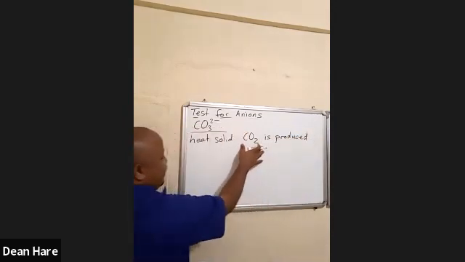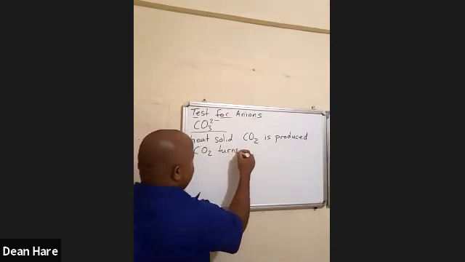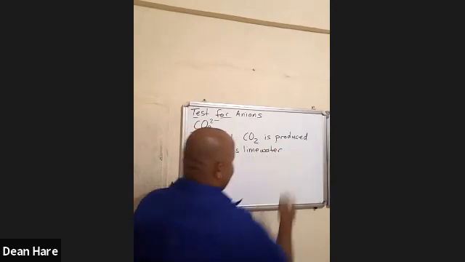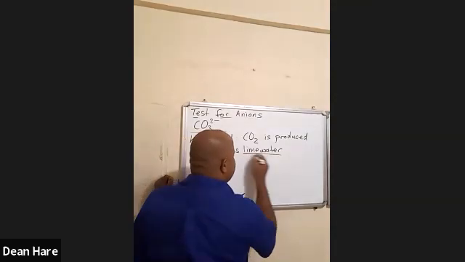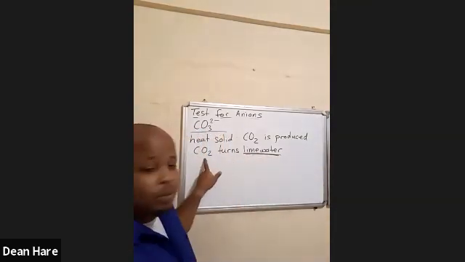How do we confirm CO2? CO2 turns lime water milky. Now, when you get the question, once you see lime water, let me highlight it, we are testing for CO2.